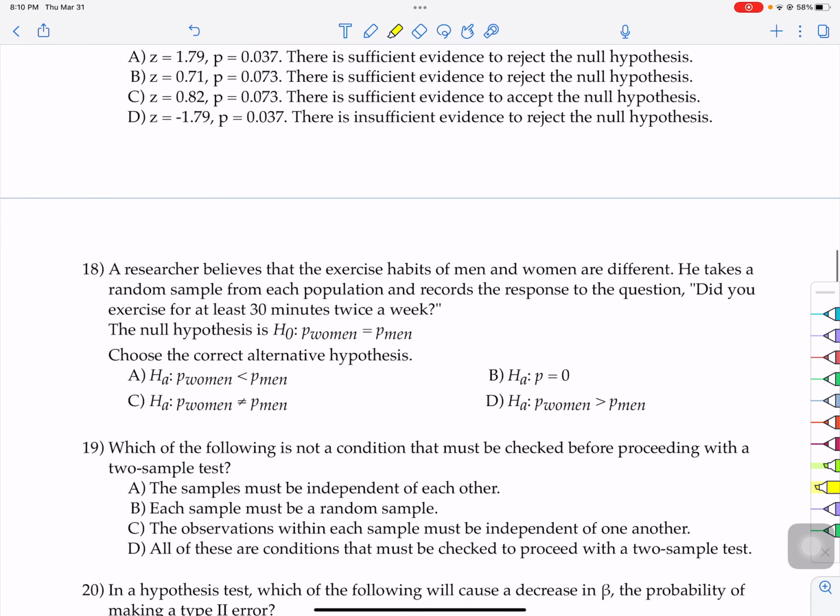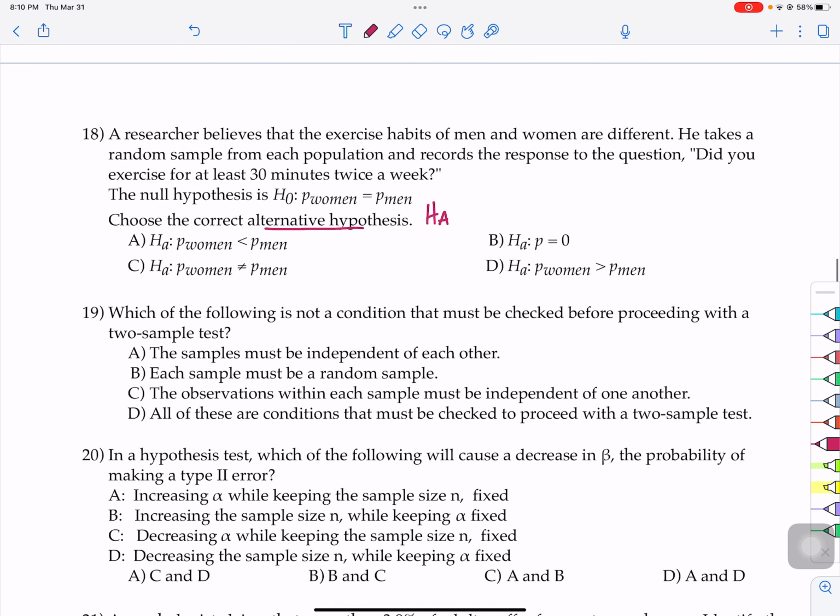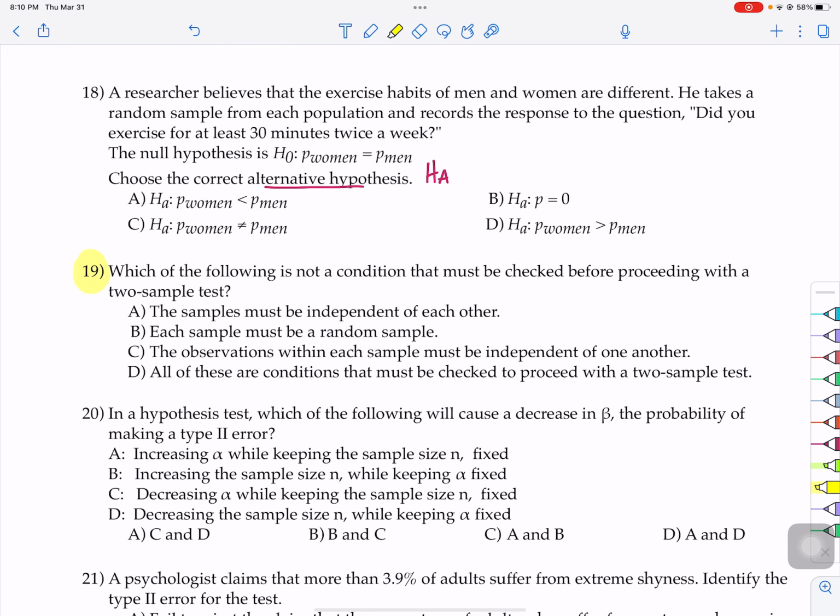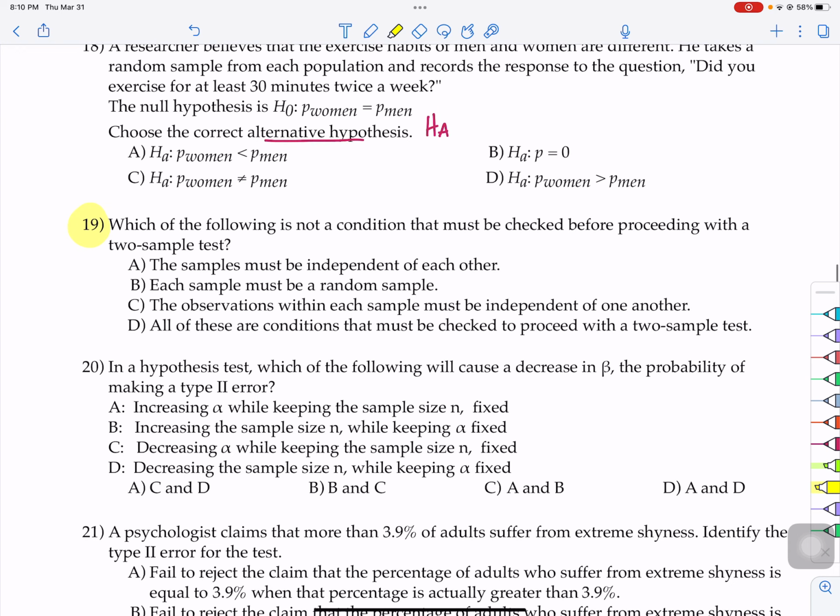And in number 18, there you go, choosing the alternative hypothesis again. And this is number 19. I want to make sure you read through that and you understand each one of those choices and the correct answer.